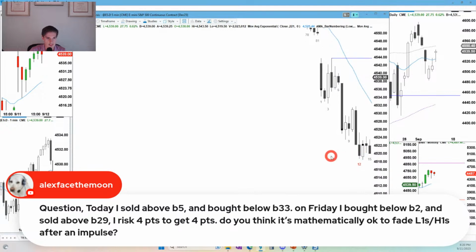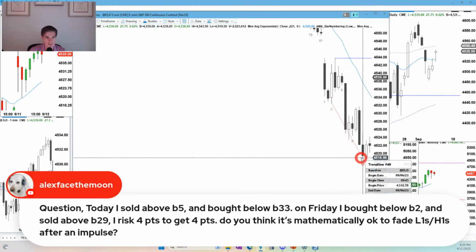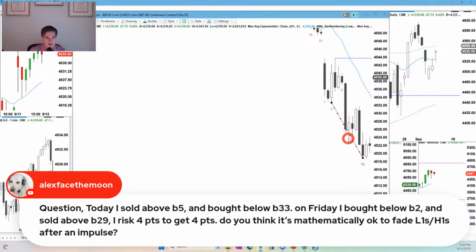Okay, so you see 14. It's a doji and a wedge with somewhere in here 3, 8, and 12. Bulls, reasonable to buy below this bar.